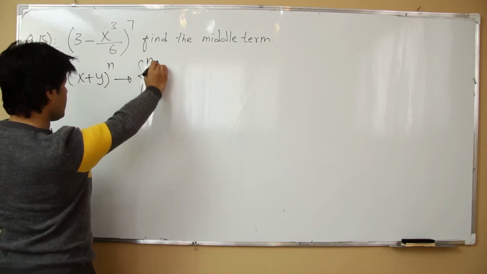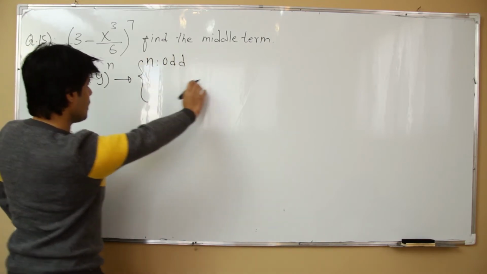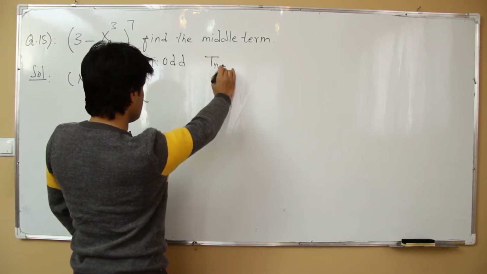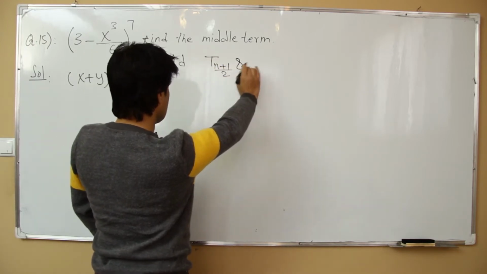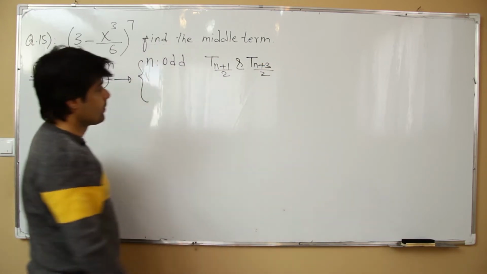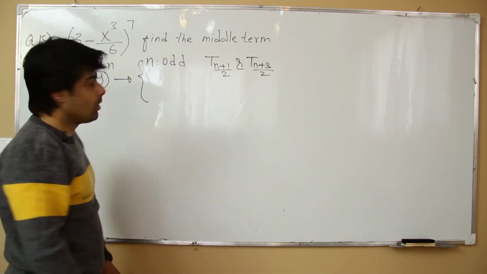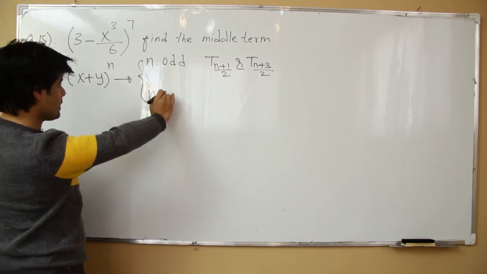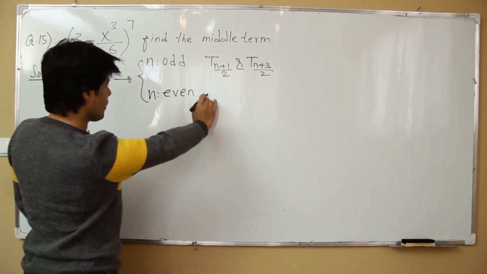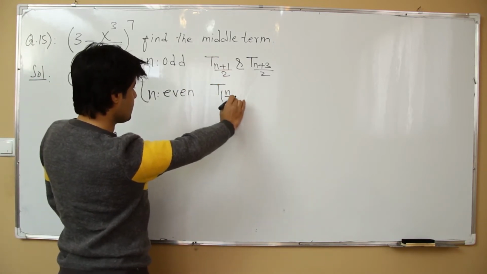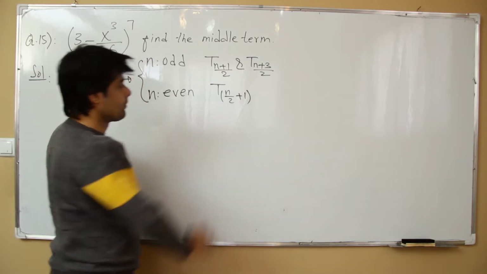First, if n is an odd number, you have two middle terms: the first one is T(n+1)/2, and the next one is T(n+3)/2. If n is even, we have one middle term, and that is T(n/2 + 1).